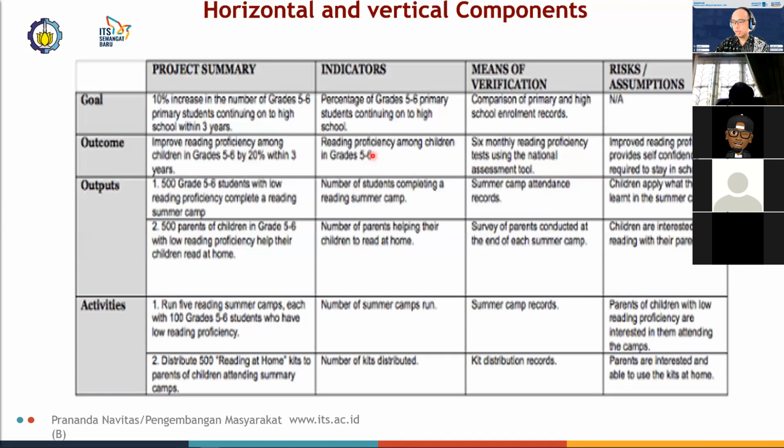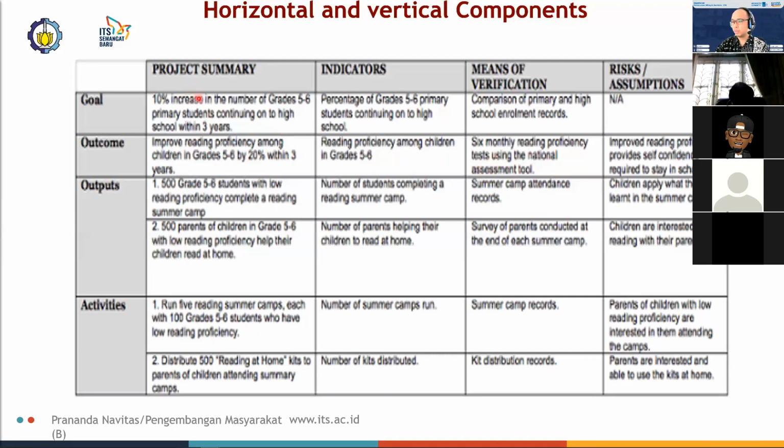Again, the indicator is pretty straightforward. There are tests to measure reading proficiency among children, and the means of verification would be a 6-monthly reading proficiency test using nationally accredited assessment tools.